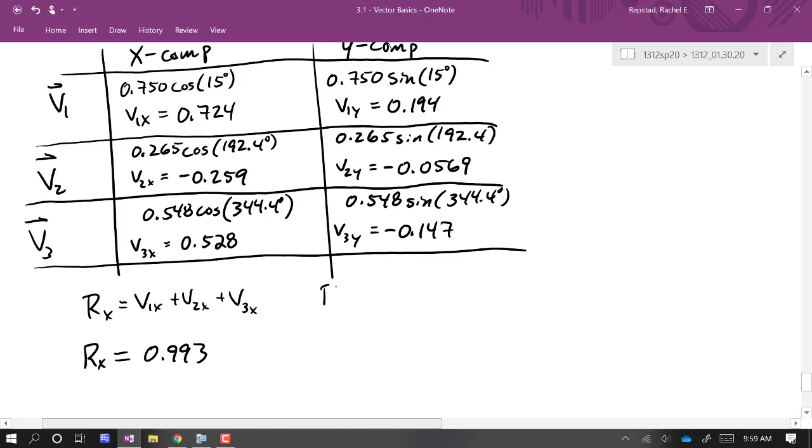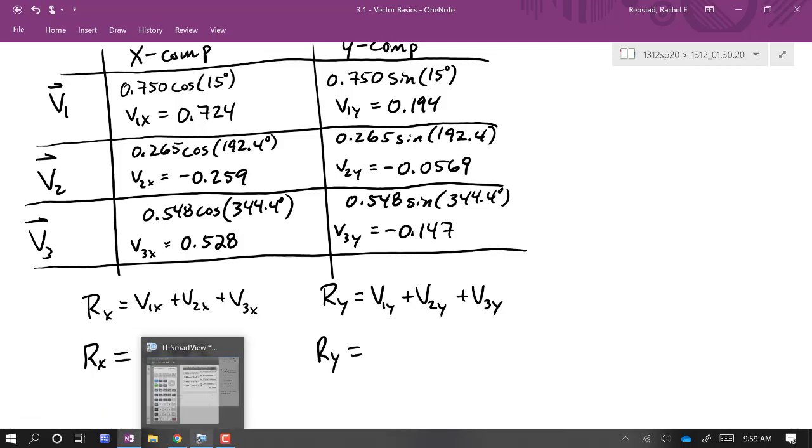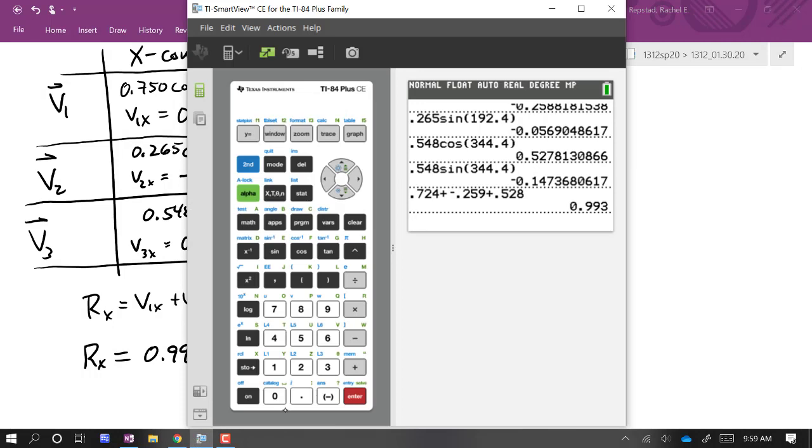And then same for the y component, negative 0.0099.